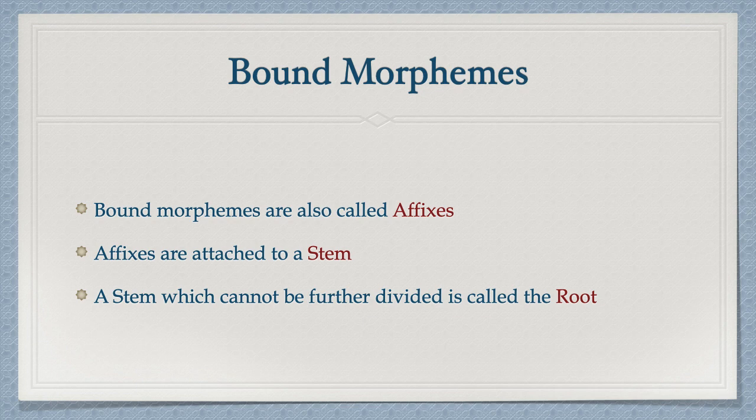That stem would be a very small word. It cannot be broken down any further, and that stem is called the root of that word. So if you take a longer word and you break it down into its constituent morphemes, you can clearly see how each affix is attached to a stem, and then when you break it down again and again, finally you reach a stem that cannot be further divided.